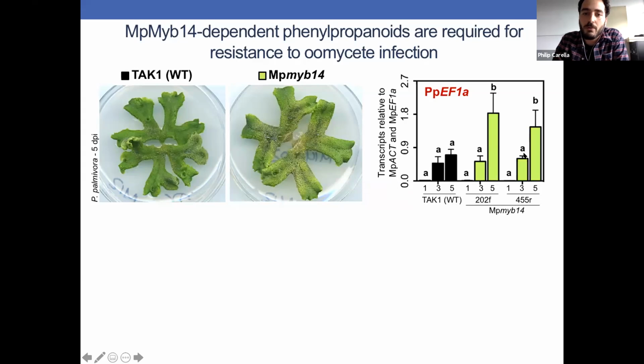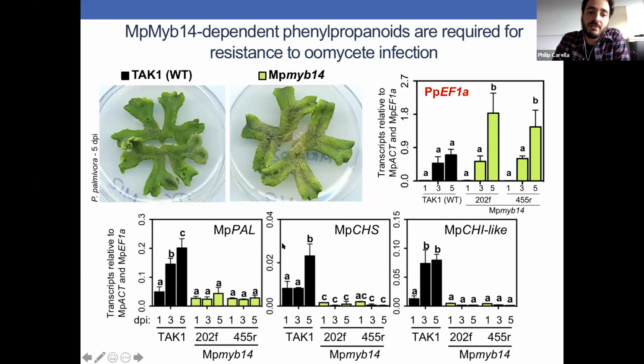So these plants are much more susceptible to infection. And this susceptibility was associated with an inability to induce phenylpropanoid biosynthesis genes like phenylalanine ammonia lyase, chalcone synthase, and chalcone flavonoisomerase-like transcripts, which are all really well induced in wild type plants.